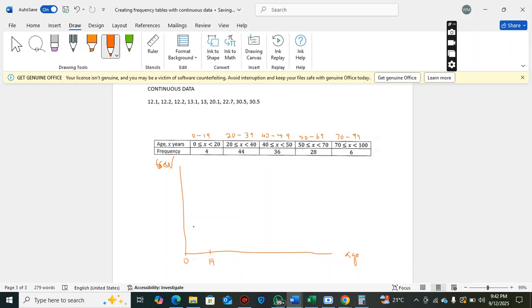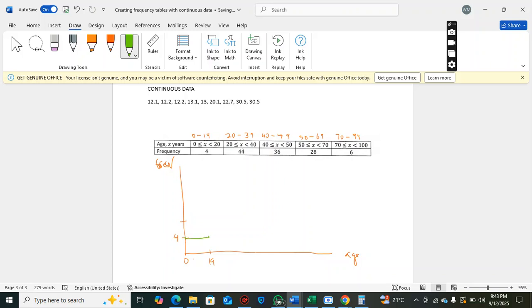Frequency is 4, so maybe we'll put 4 here. Although when you're making these bar charts or histograms, you need to use graph paper, and you have to make sure you put the markings at equal spaces. So this is just going to be a rough example.